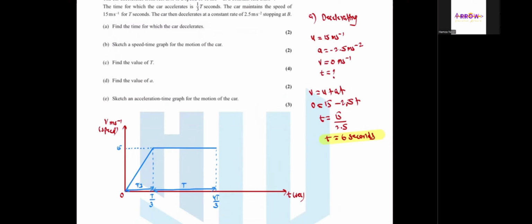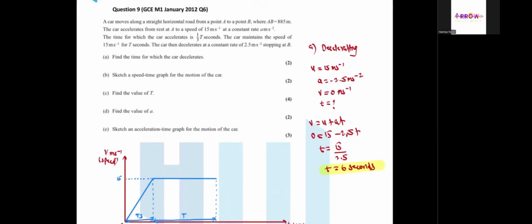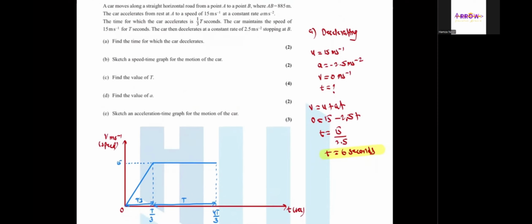What you need to understand here is, if we look at the common sense of the question, the car is starting the journey from rest and reaching a speed of 15 meter per second. Then for t seconds, the car is maintaining the speed of 15 meter per second. And the last stage of the journey has a duration of 6 seconds. So it would be a steeper line, since the duration of the deceleration is just 6 seconds.